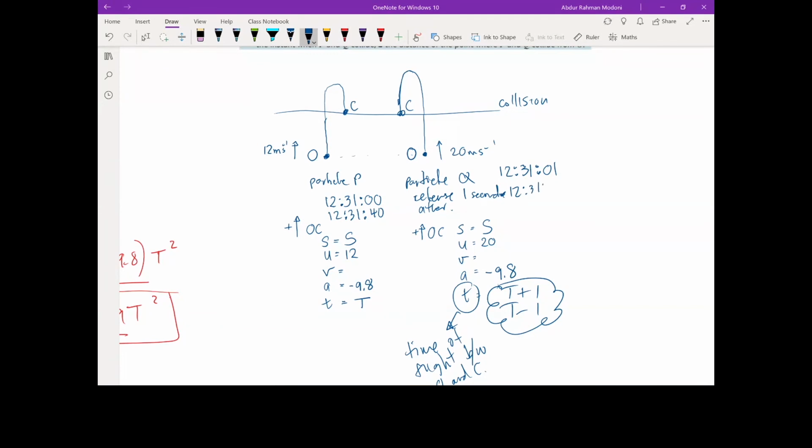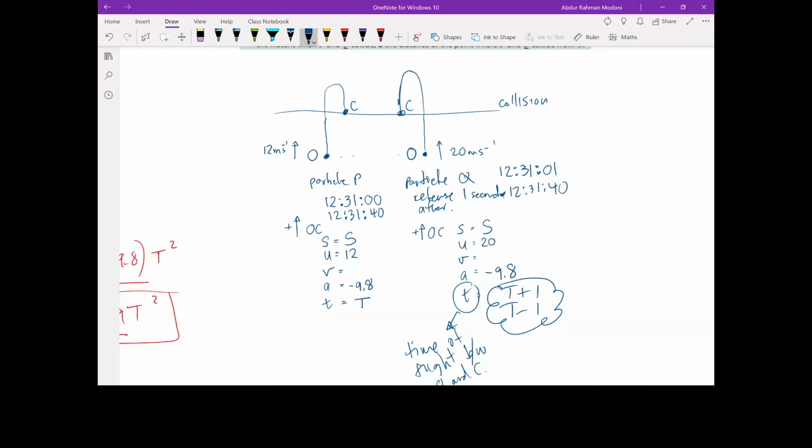Are you happy with both of them colliding at the same clock time? I'm distinguishing between clock time and the T that we have in SUVAT, because the T in SUVAT is the time which it is in flight. Because if two things collide, they must collide at the same clock time.